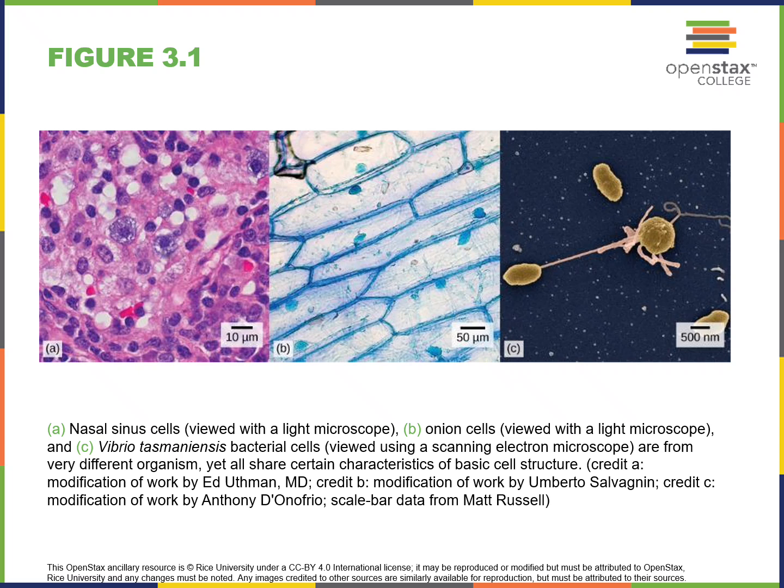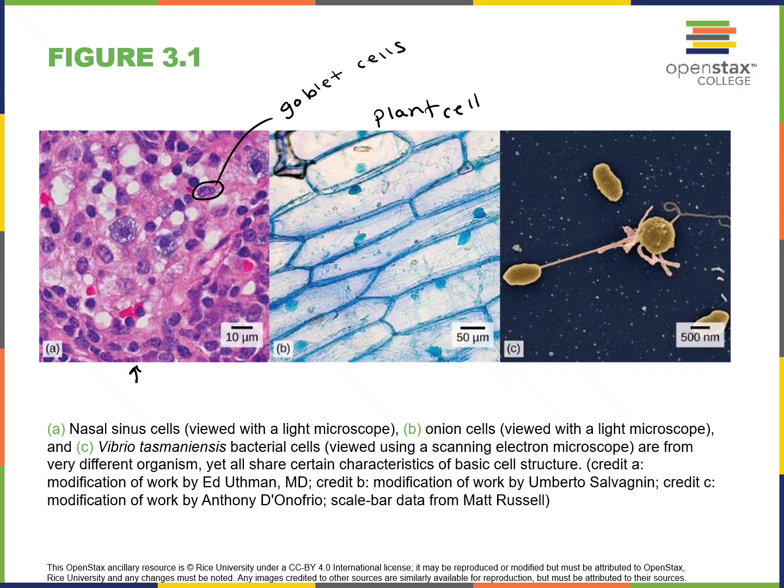What we're seeing here are some images of cells underneath a microscope. The first one is from a nose. These are specifically goblet cells. And they make mucus and all that stuff, but that's a conversation for a different time. These ones here are plant cells.